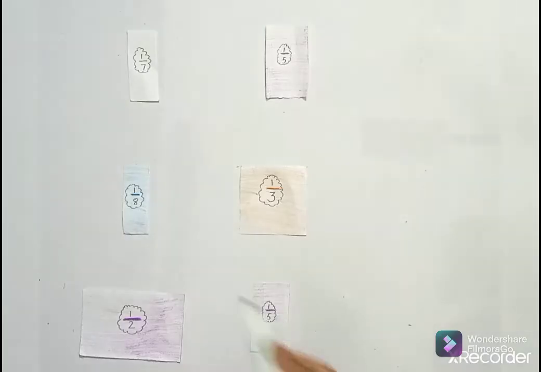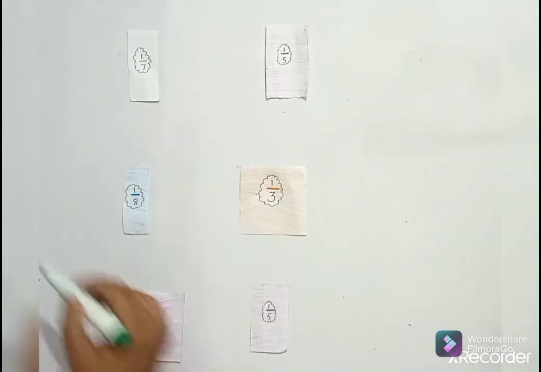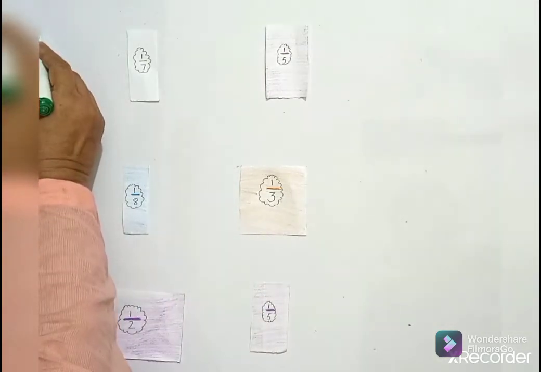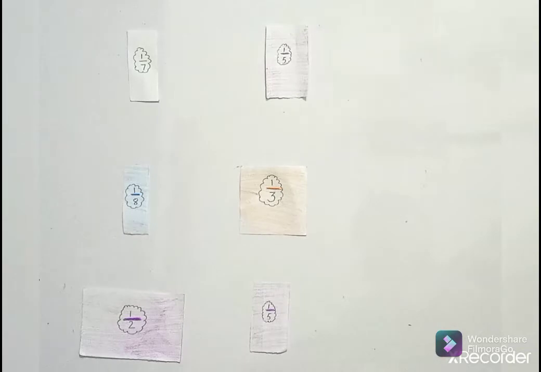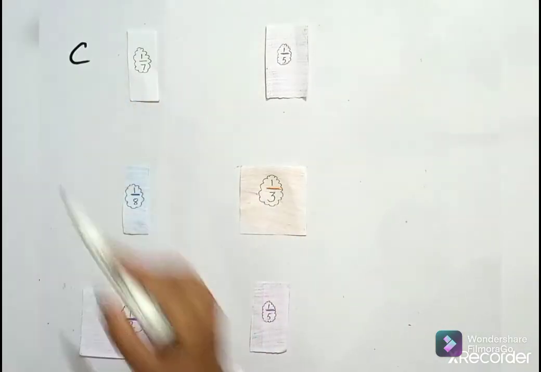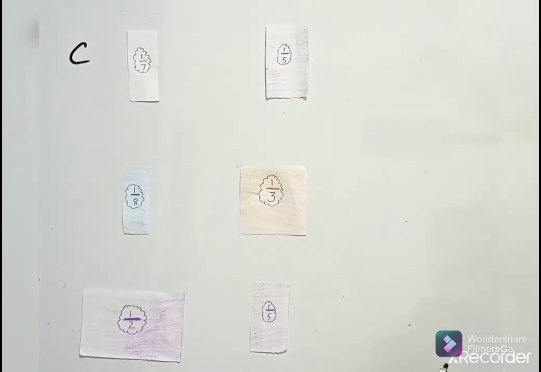In the same way, I have chosen these different fractions: 1 over 7, 1 over 5, 1 over 8 and 1 over 3. Between 1 over 7 and 1 over 5, think which is smaller.